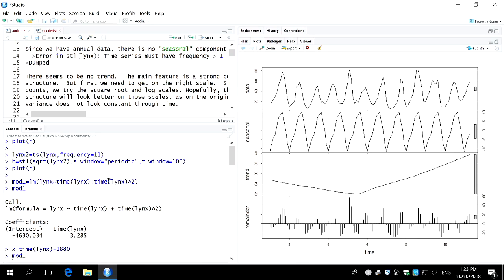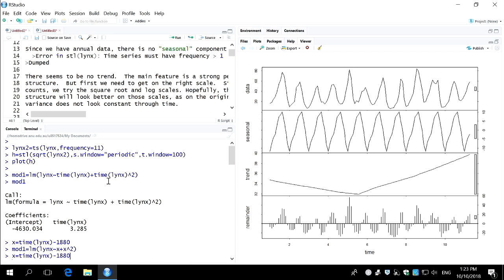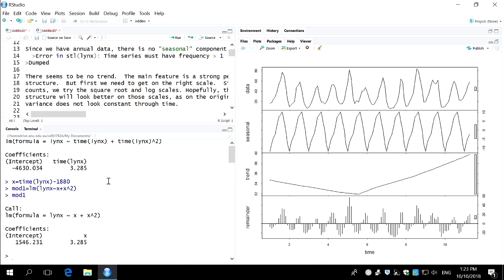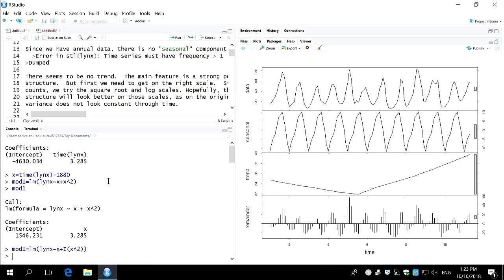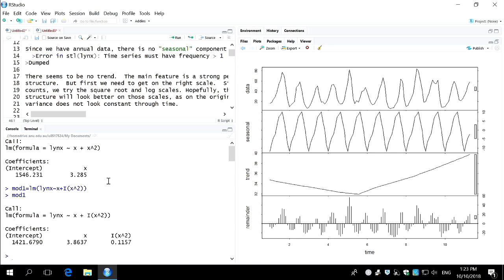Okay, and let's refit with x plus x squared. See how we go there. Okay, again, it's refusing to fit that second term. Maybe it's having trouble with calculating x squared. It's another trick you try. And now it'll do it.